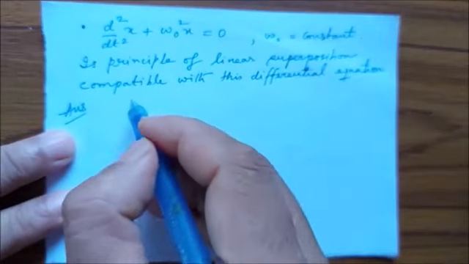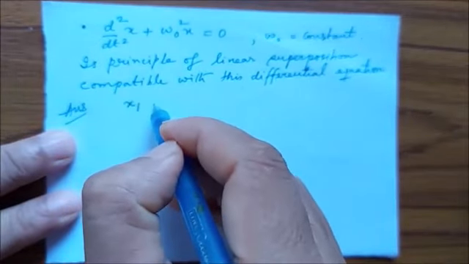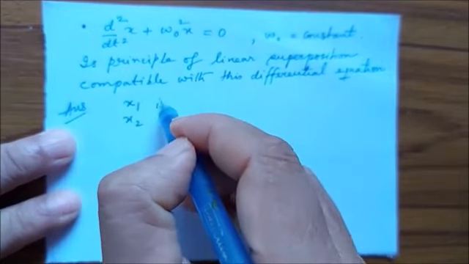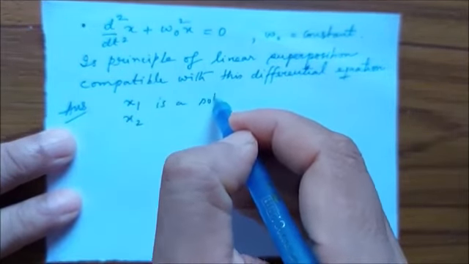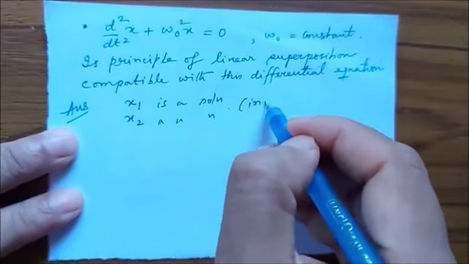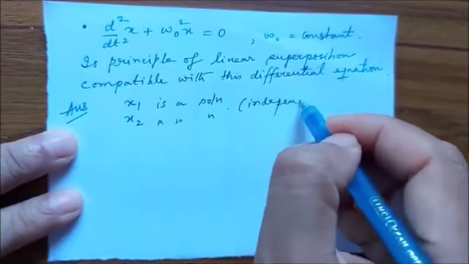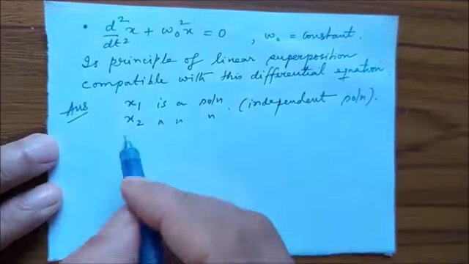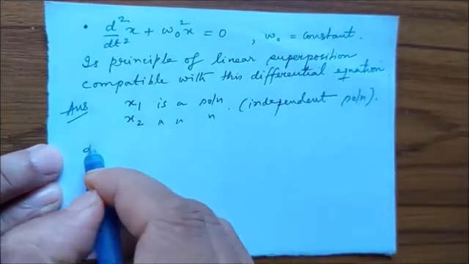We will proceed in the same manner. Let x1 be a solution, let x2 be another solution, and they are independent solutions.